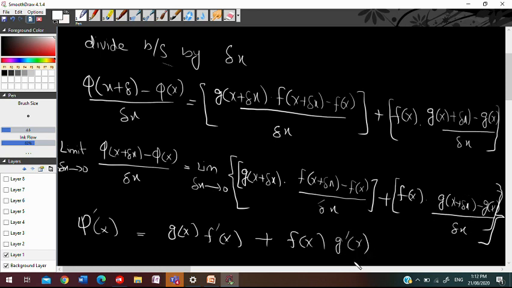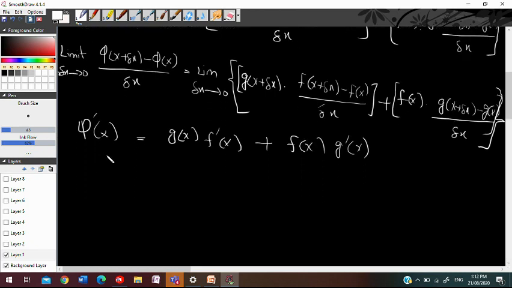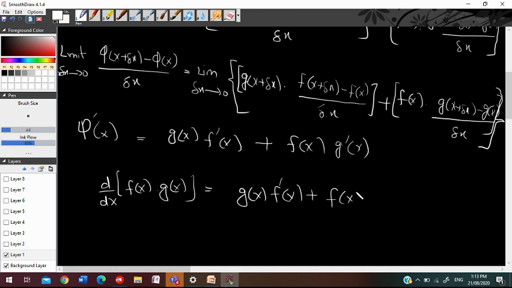So this is the proof of, or one thing more, this phi prime of x, this was a substituted function. So if I write d of dx of f of x into g of x, finally we have g of x f prime of x plus f of x g prime of x. So this is the proof of this theorem.